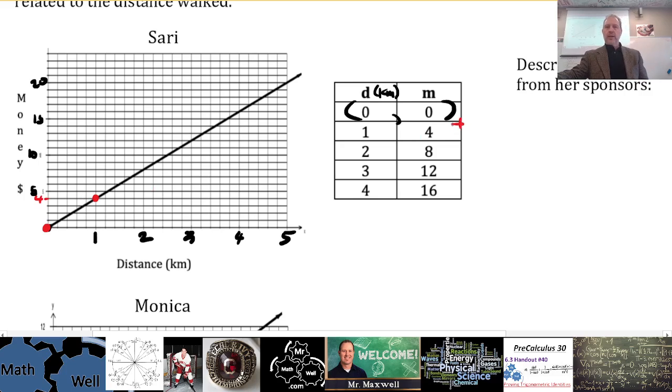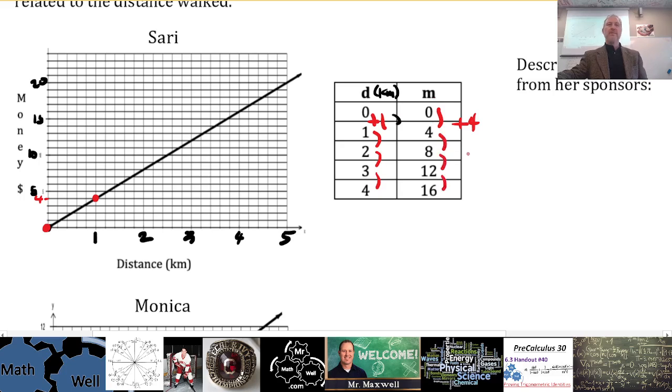So this is plus 4 to get to this one. Nice. I'll erase these. So this is plus 1. This is plus 4. Okay, and the x-axis has plus 1, plus 1, plus 1. So that's awesome. And the y values here, the money owed, is plus 4, plus 4, plus 4.